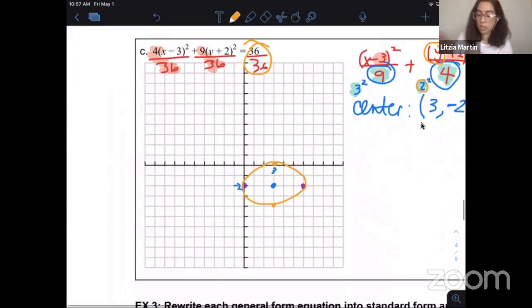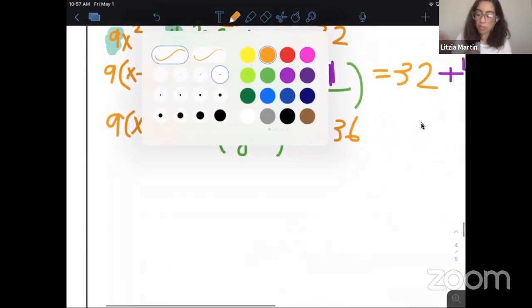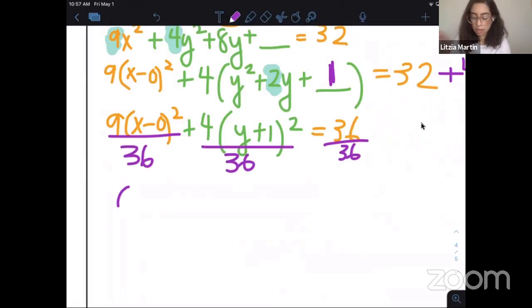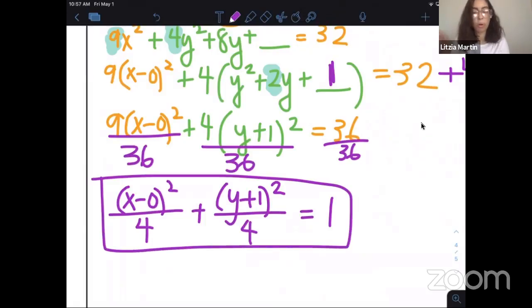So again, we have a 36 in this case. So I'm going to divide everything by 36. And now this will be x minus 0 squared divided by 4 plus y plus 1 squared divided by 4 equals 1. That is our standard form.